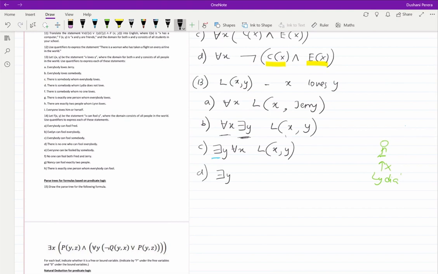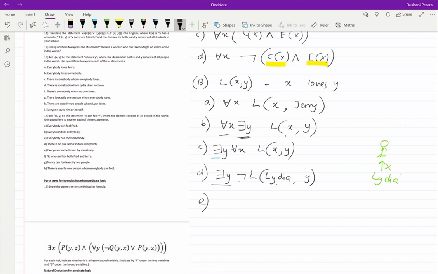There's some person, there's somebody where you have Lydia, and y. This y is somebody whom Lydia does not love. So L means she loves. To make it a not, we have to put a not in front. So this means there is somebody whom Lydia does not love.